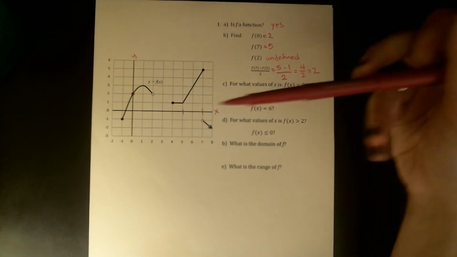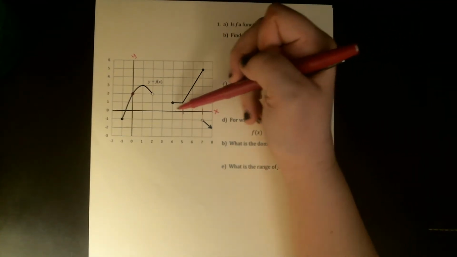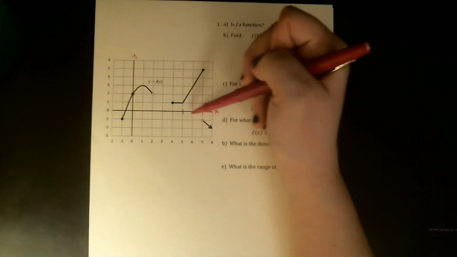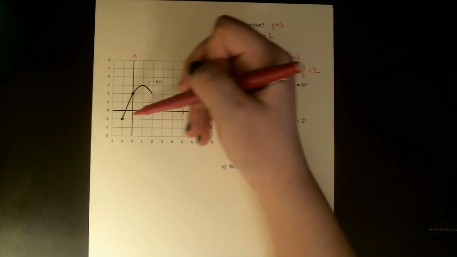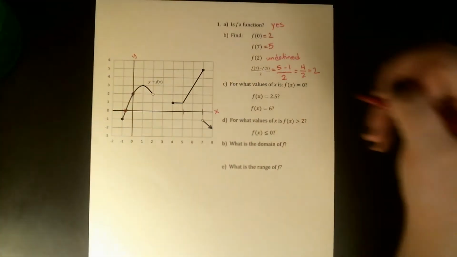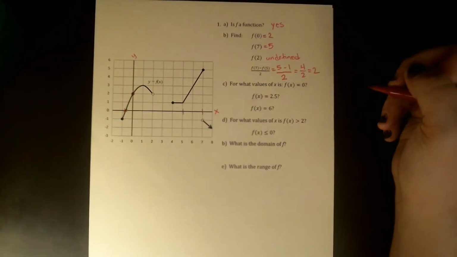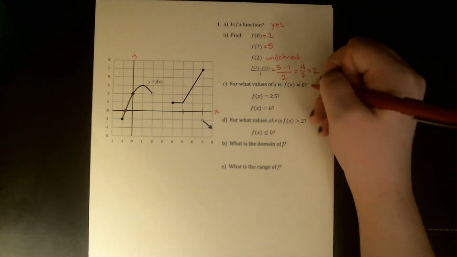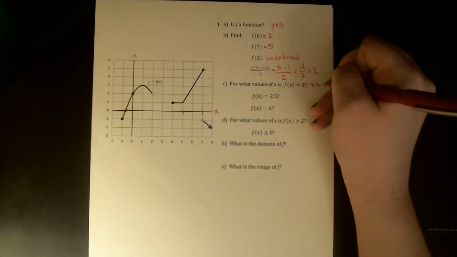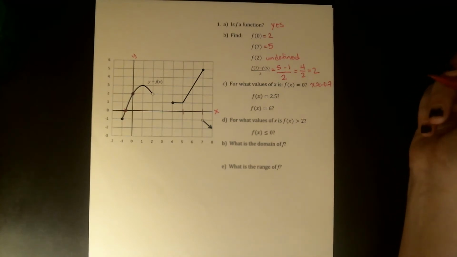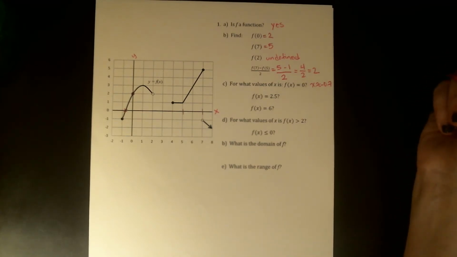Okay, so outputs are y values. We're going to look at y equals 0, which is the x-axis, and we're going to see where we hit the function. You can see I hit the function right here. So it looks like if x is roughly negative 0.7, then our output will be 0. It's fine to estimate. You'll have to estimate sometimes with the graphs.